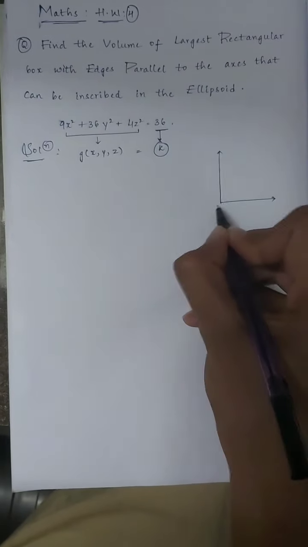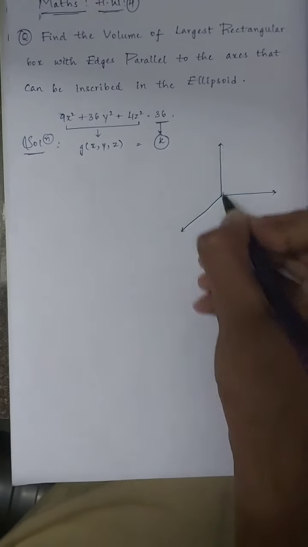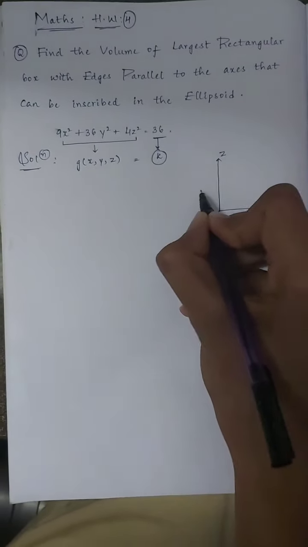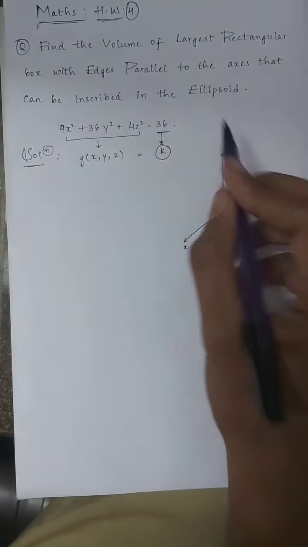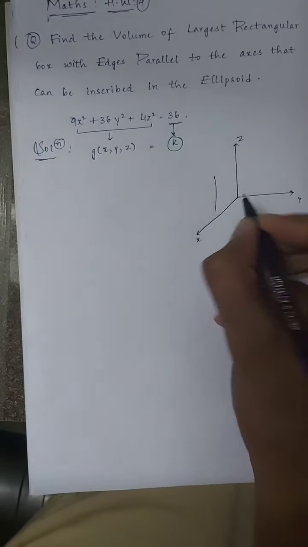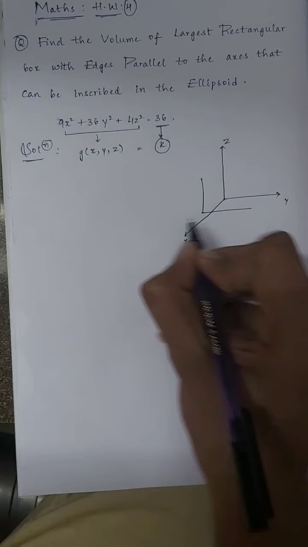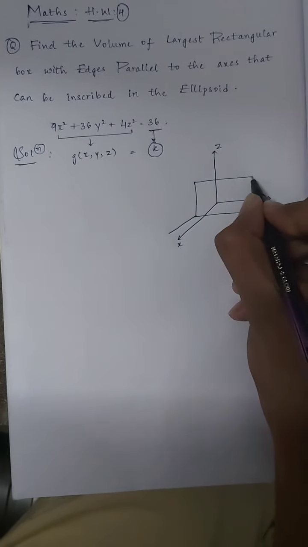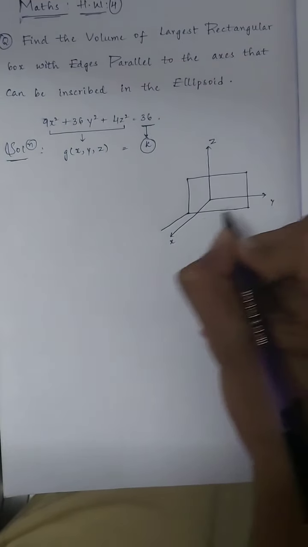Suppose these are the axes z, y, x. The edges are parallel to these axes, so the rectangular box would be something like this.